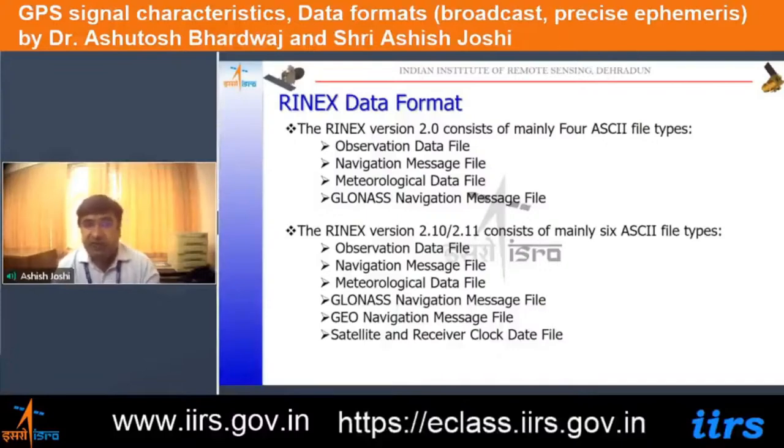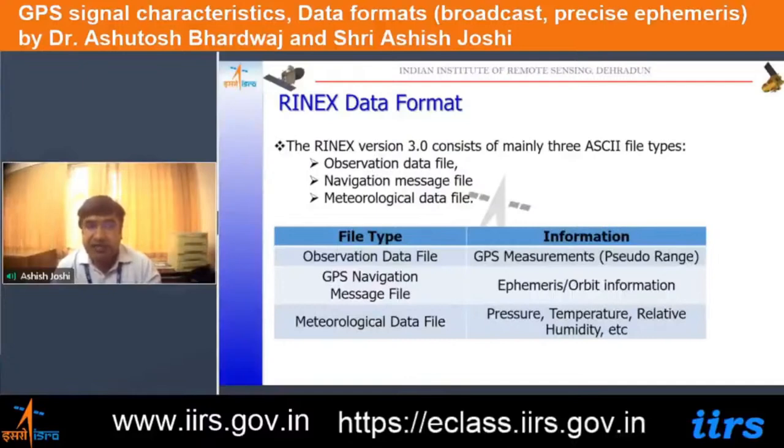So these are the versions, and we have different files in every version. Then finally, in version 3.0, all unnecessary files have been deleted, and mostly it consists of 3 files. One is the observation data file, second is the navigation message file, and the third is the meteorological data file. So what will these files contain?